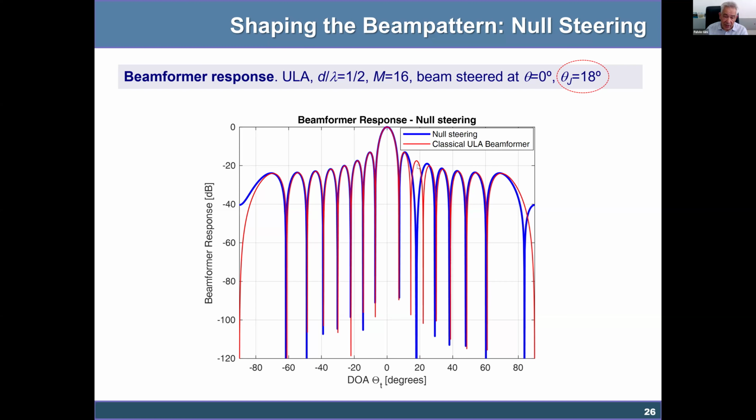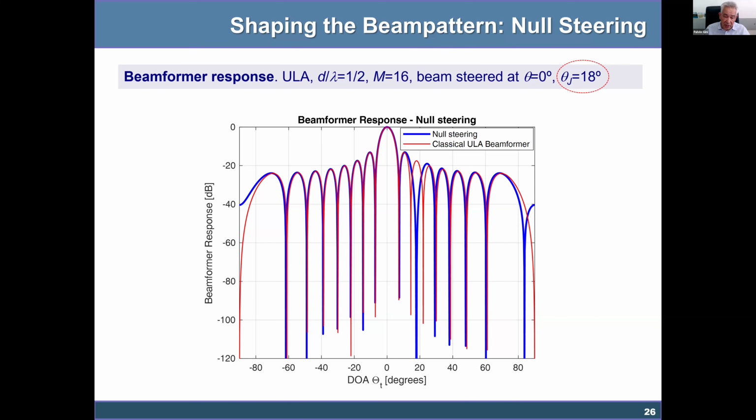So with the null steering technique, you are able to cancel or reduce the effect of the interference, but remember, this is possible only if you know a priori the direction of arrival of the interference. Otherwise, the only thing that you can do is to lower the side lobes uniformly, and to do this, you have to use the previous technique, the shading technique.